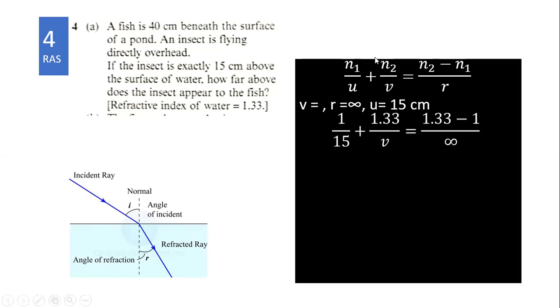From the equation, 15, this N1 is 1, 1.33 is our V, N2 is 1.33, minus 1, R is infinity, so don't have to worry about this term anymore. This one will be 0. So instead of plus, it just becomes equal now, and cross multiply, get the answer.